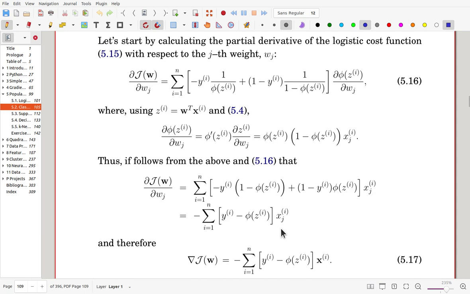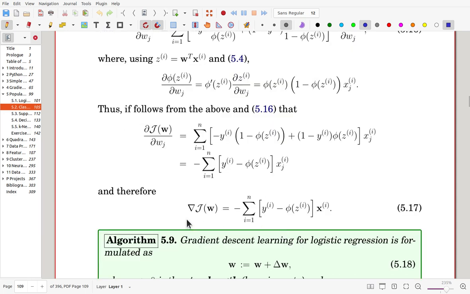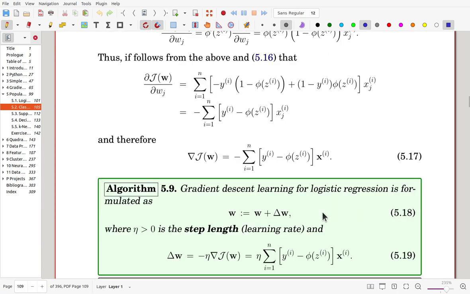So in vector notation, we end up with this one. The gradient descent method takes the negative of that and scales it by eta. So in the gradient descent rule for delta w, we have eta times the sum of this portion.